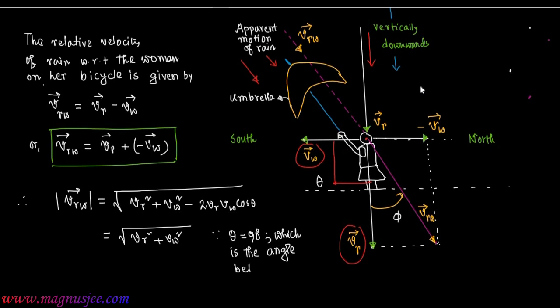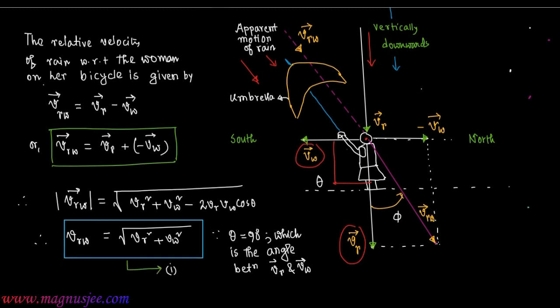That's why theta equals 90 degree, which is the angle between velocity of the rain vector Vr and velocity of the woman vector Vw. So we get Vrw as equal to root over Vr square plus Vw square, which is equation 1.